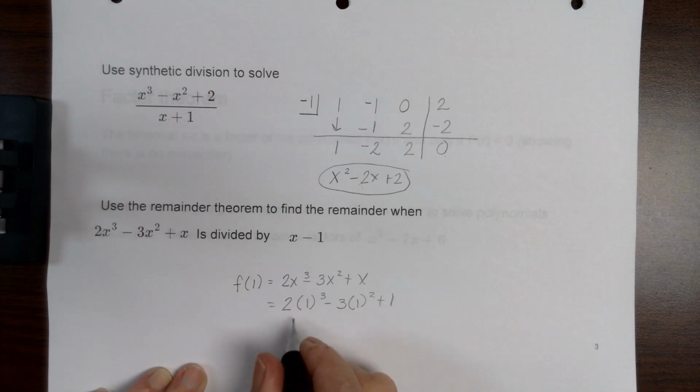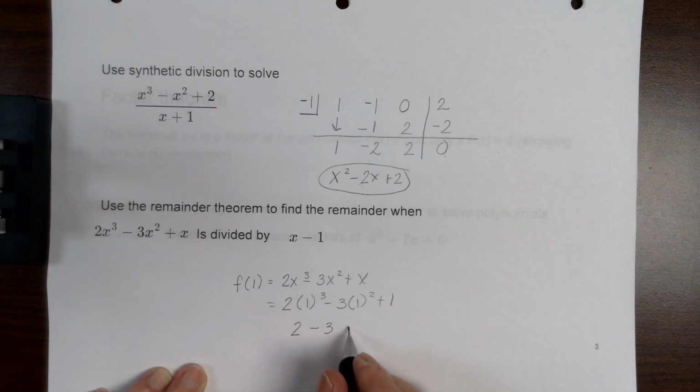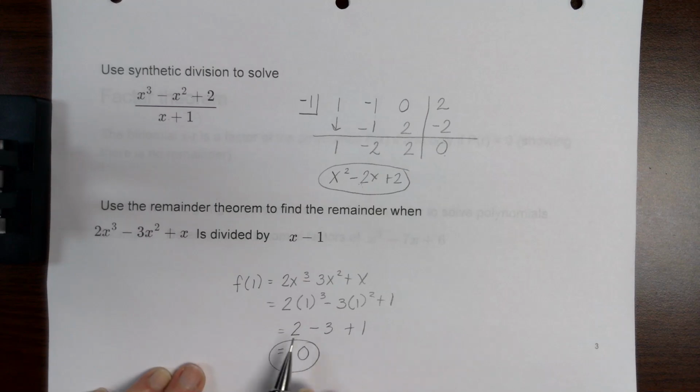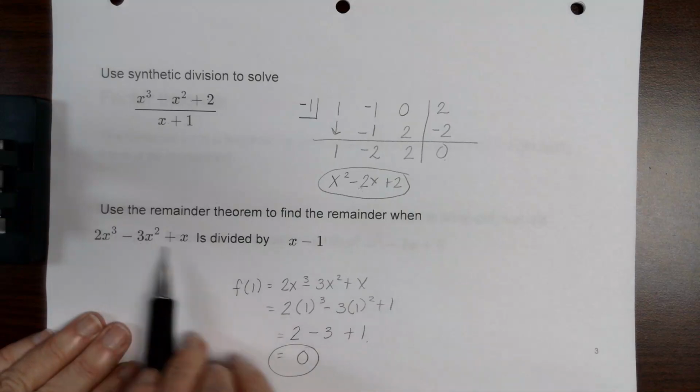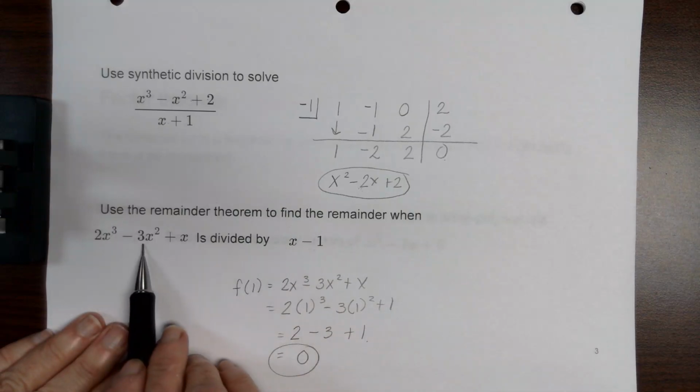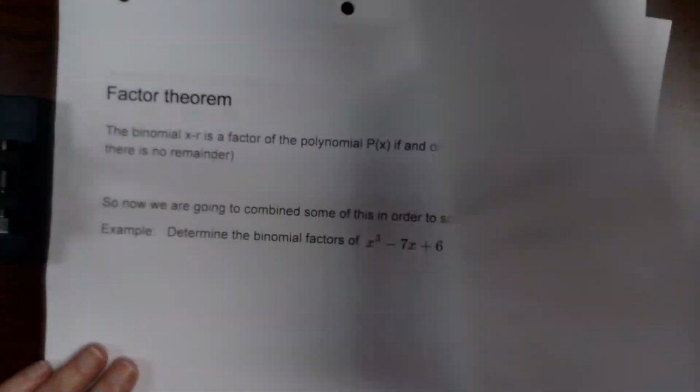So this is going to give me a 1, so that's going to give me a 2 here. This is going to give me a 1, so minus 3 plus 1. That's going to give me a 0 remainder, because I have 2 plus 1 plus a -3. So in other words, this is a factor of that, because I get a remainder of 0.